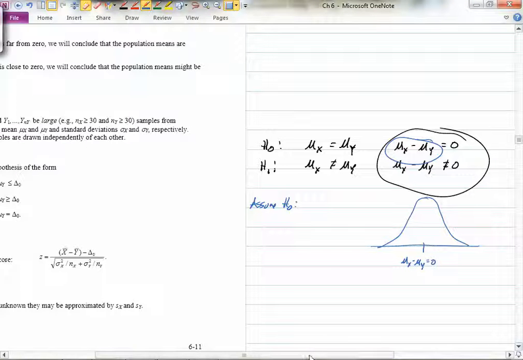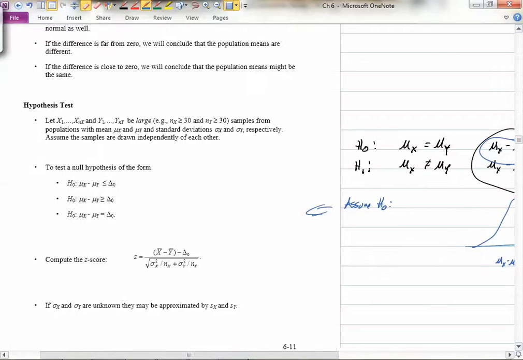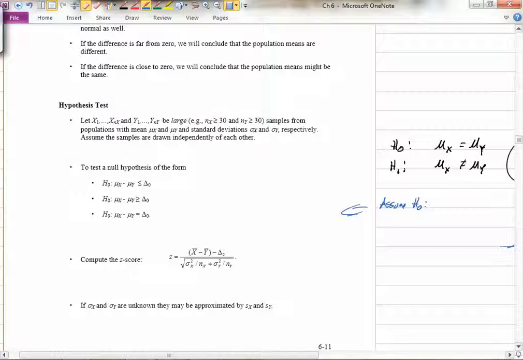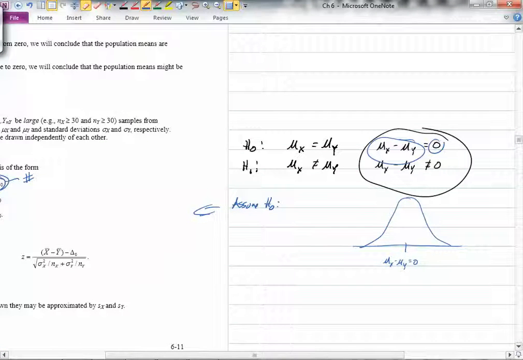But we could, and this is getting back here, I want to tie this into the notes. Instead of thinking the mean of x is the same as the mean of y, we could say that the two means don't differ by some number, say 2 or 3. So it doesn't necessarily have to be 0. We could put any number there we wanted to and test that hypothesis.